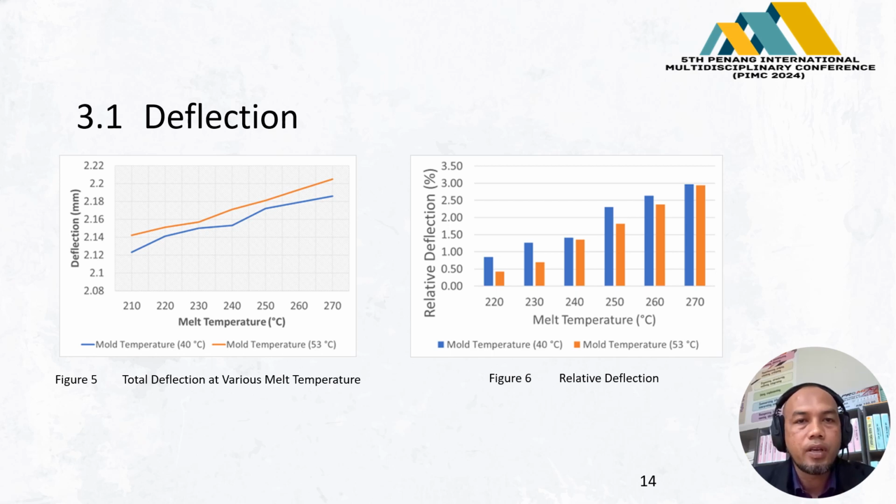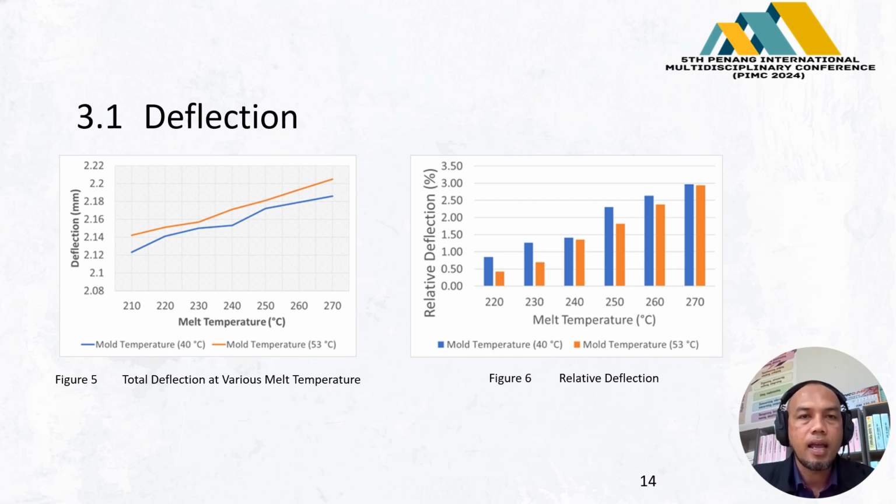The highest amplification, nearly 3%, occurs at a melt temperature of 270 degrees Celsius, while the most significant difference between the two mold temperature settings is observed at 230 degrees Celsius melt temperature.